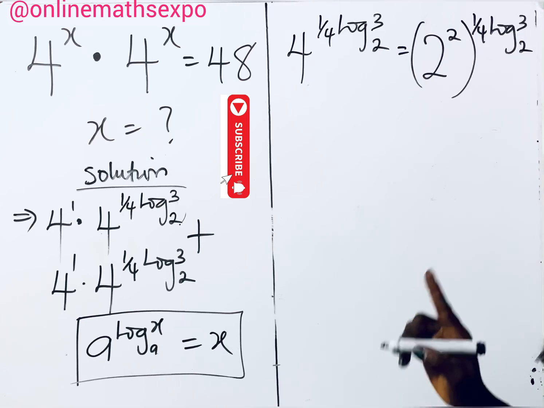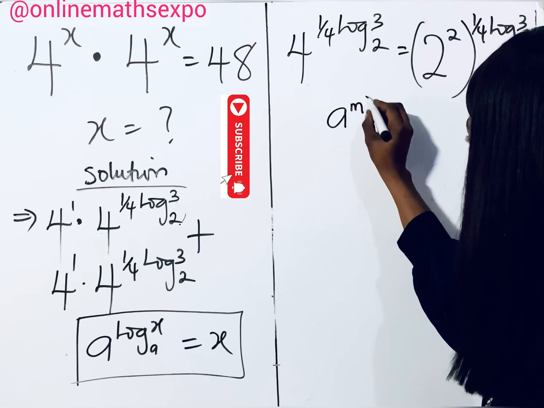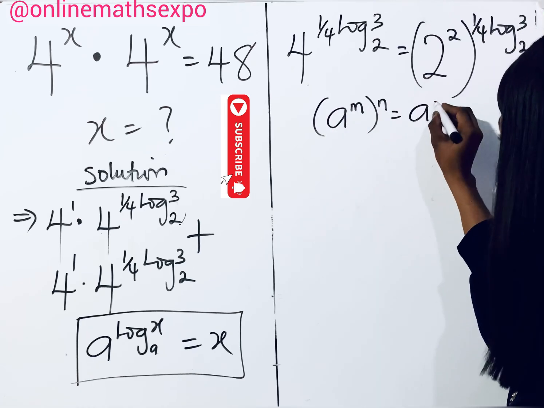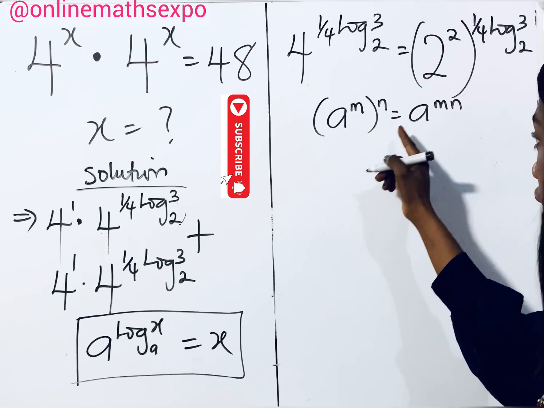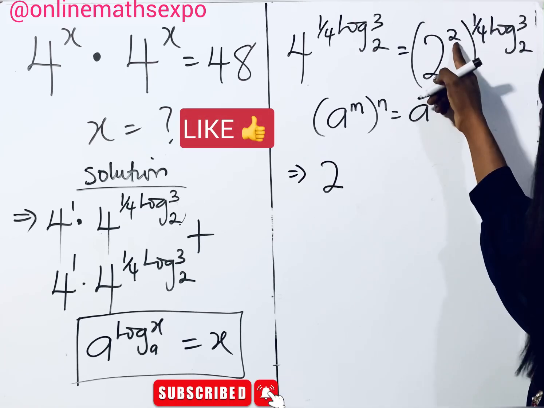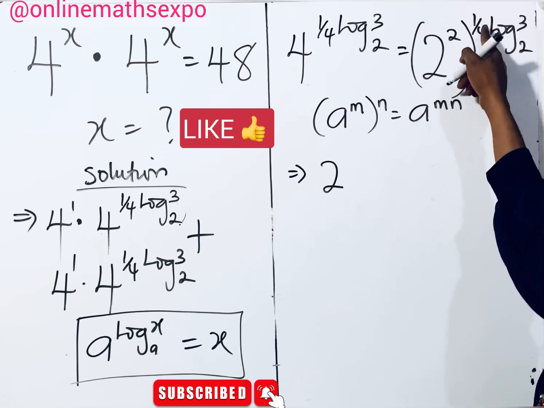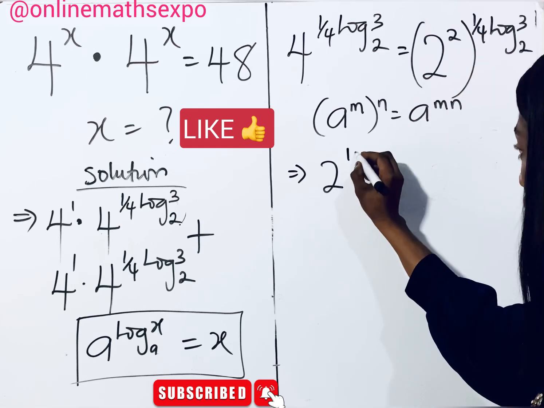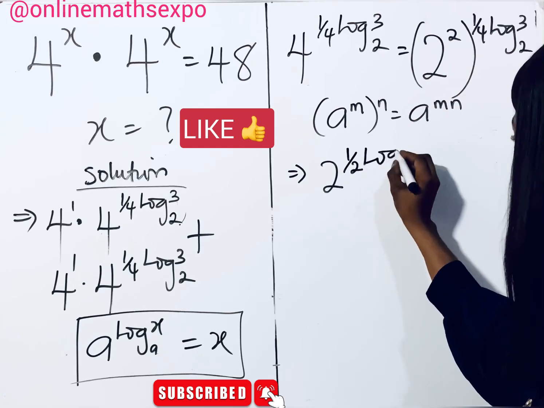Remember that a to the power of m to the power of n is a to the power of mn. If you apply it here, 2 to the power of, this will multiply this, and when 2 multiplies quarter, it gives us half. So this is what we have.